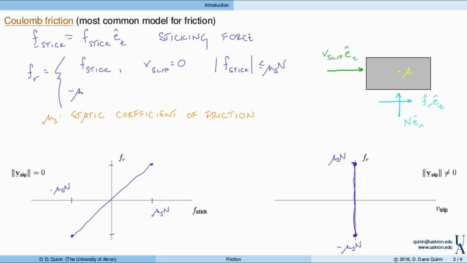And it's going to be minus mu k times N times the sign of the slip velocity. And this piece represents the slip direction.